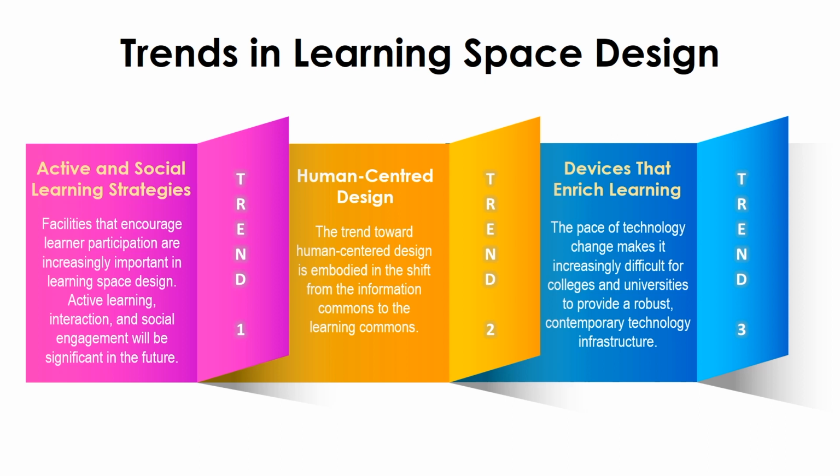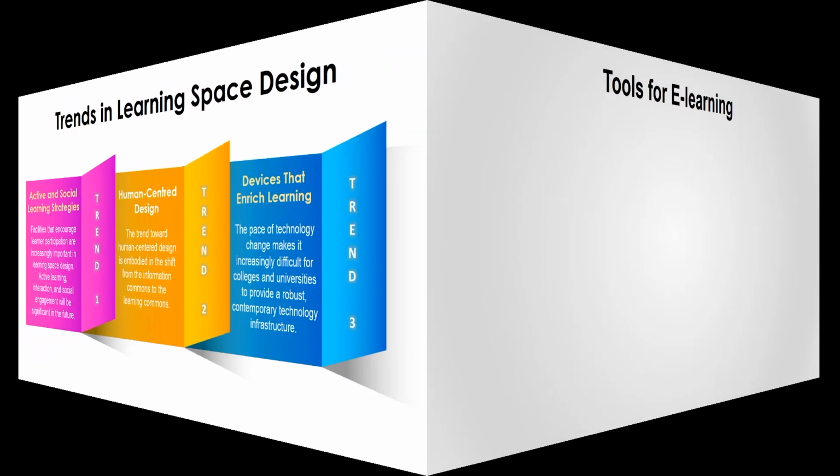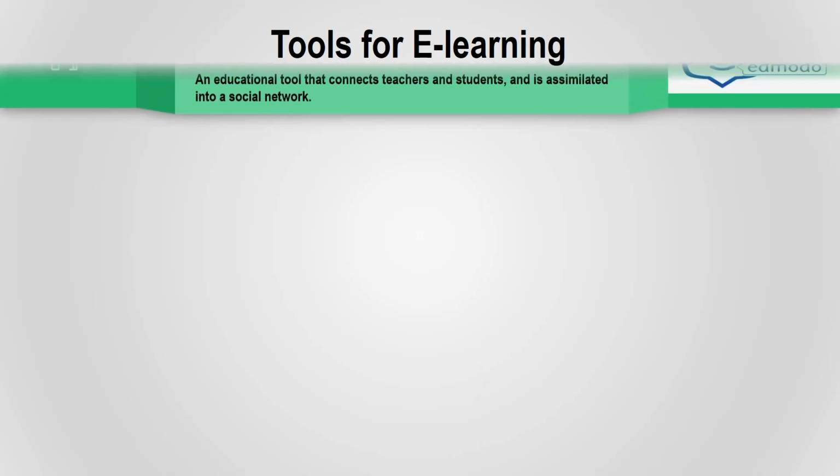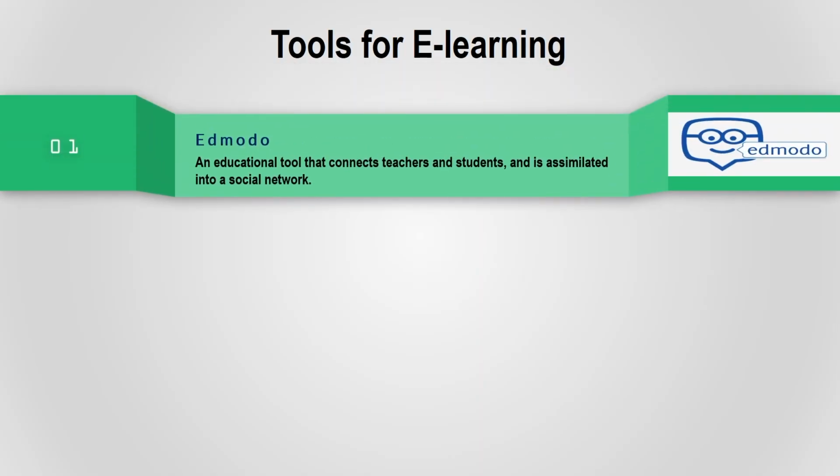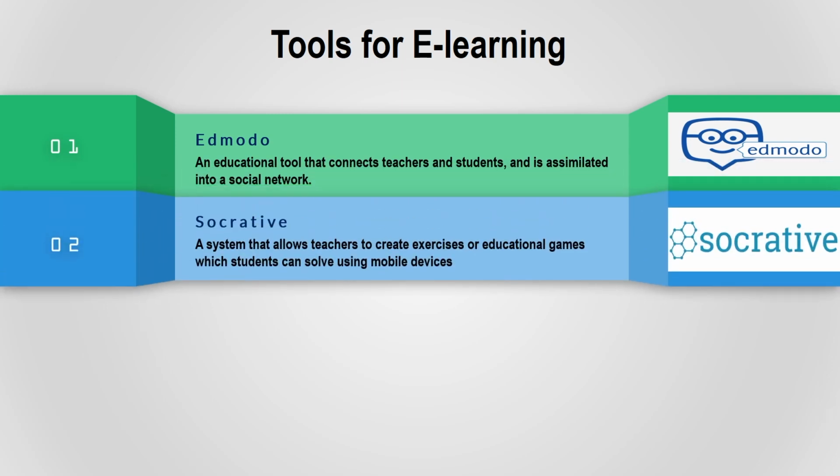Okay. Now, at the end we will see what are the different tools that we use for e-learning. Again we will have a demo in the next session of a few of these tools. One is called Edmodo. It is an educational tool that connects teachers and students and is assimilated into a social network.